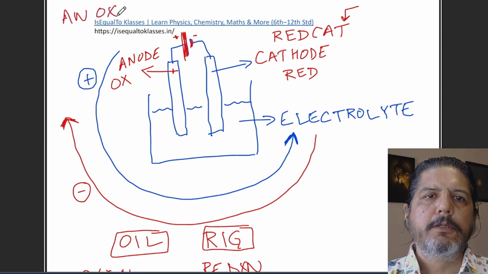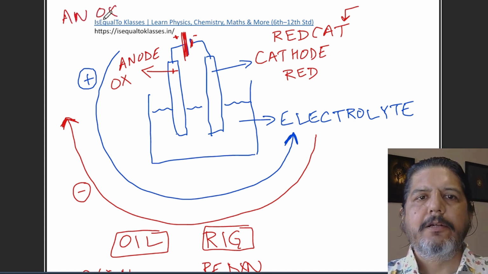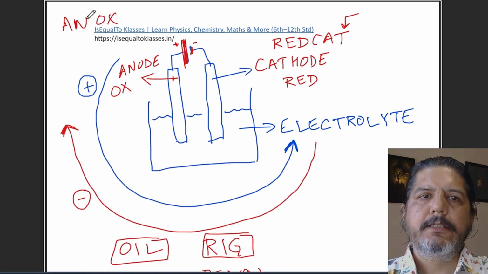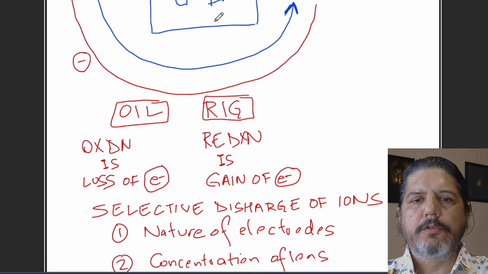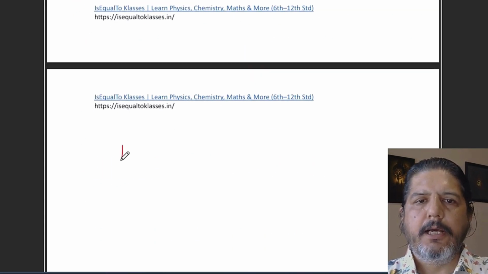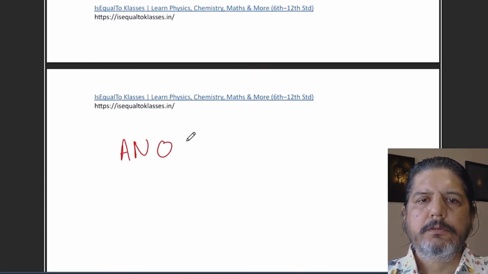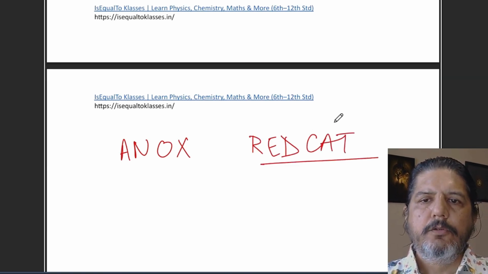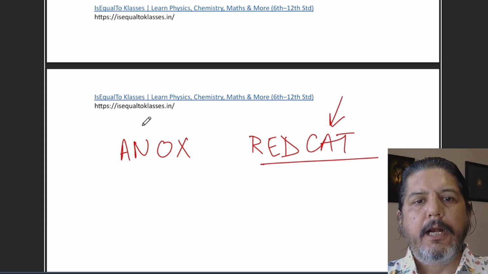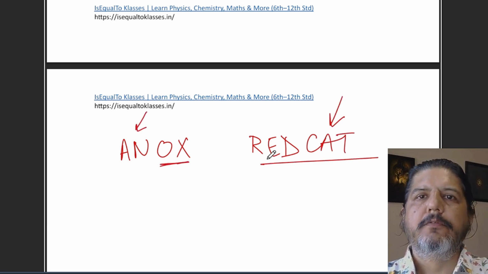So what does an ox imply? An ox implies that the oxidation will always take place at the anode. So this is a mnemonic that you can remember. An ox. Red cat. So reduction will always take place at the cathode, and at the anode always oxidation will take place.